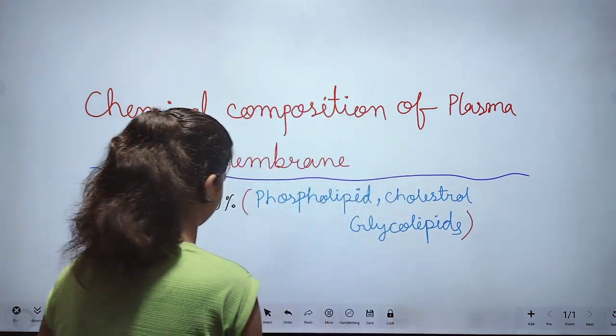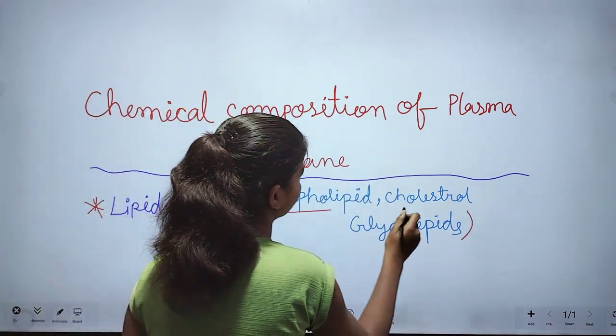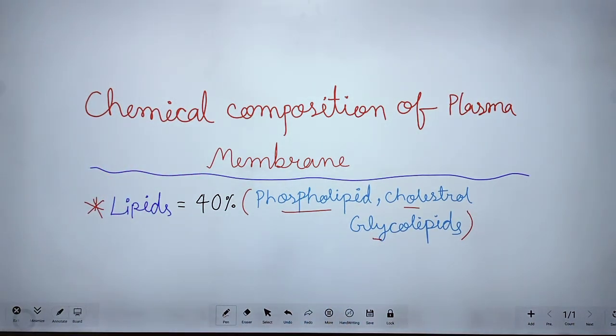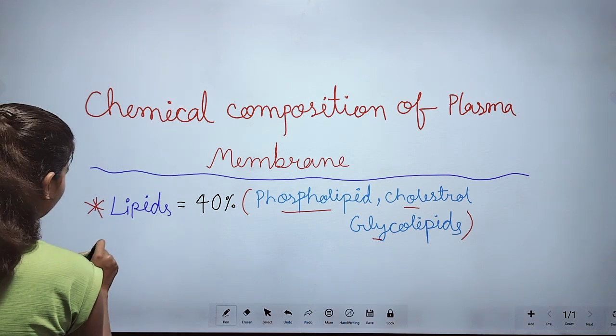This way, phospholipid, cholesterol, and glycolipids are the forms of lipids that are present in plasma membrane. Okay, and our next one is protein.